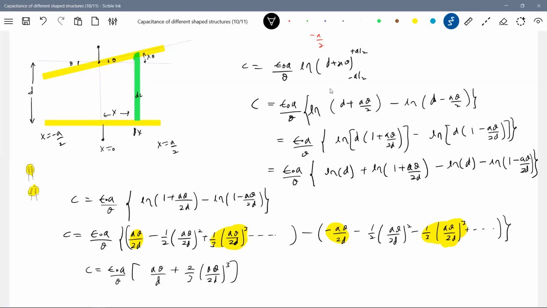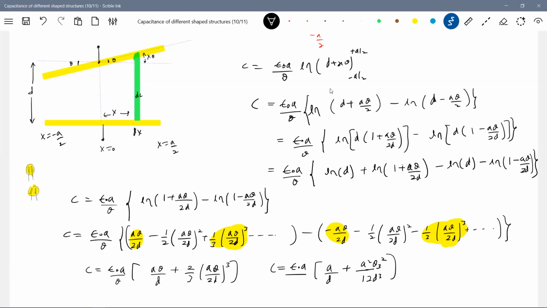So 2 by 8, that is 1 by 12. Then further, sending theta inside, C equals epsilon naught times a by d plus 1 by 12 a square theta cube by d cube. I think, okay, we ended up. This should be the capacitance of this particular system.